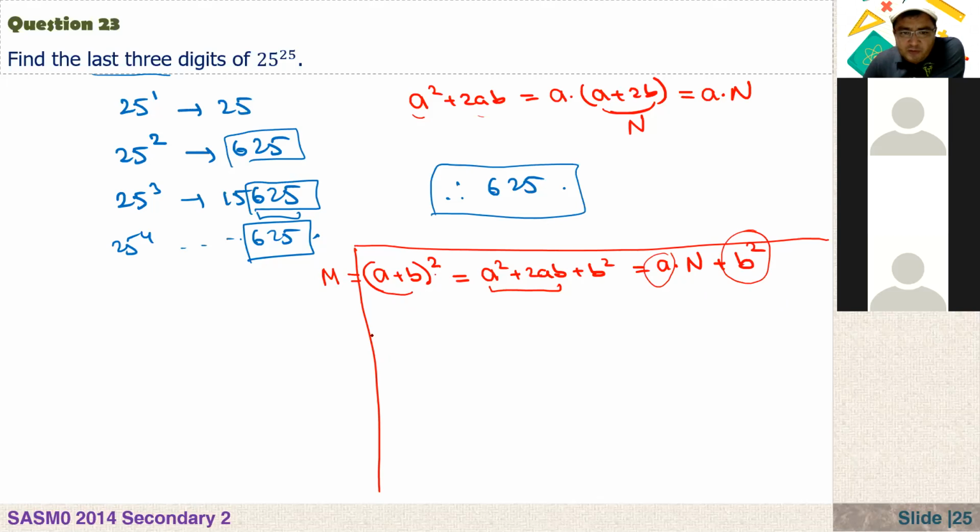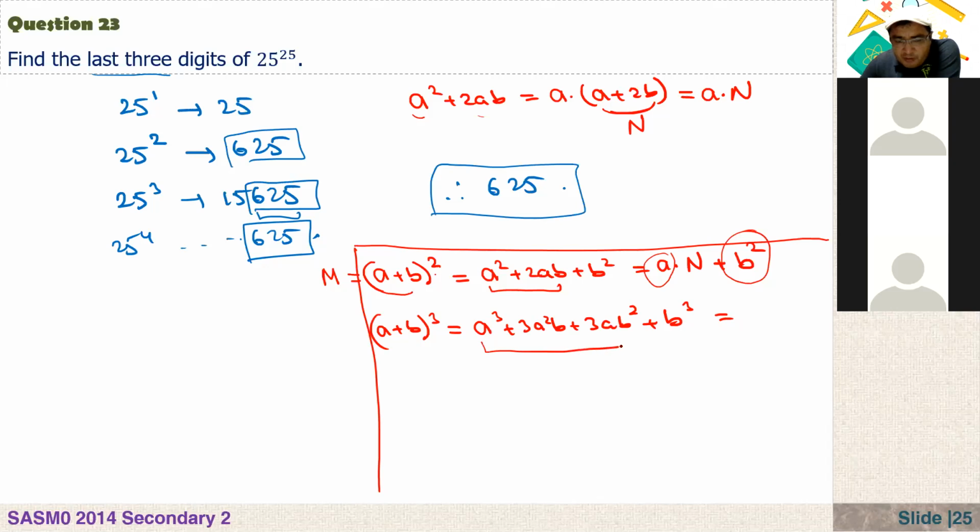Another example, how about if we have a plus b cubed? Just one more example. I can write it as a cubed plus 3a squared b plus 3ab squared, and here we have b cubed. Except for the last term, the remaining terms have a common factor of a.